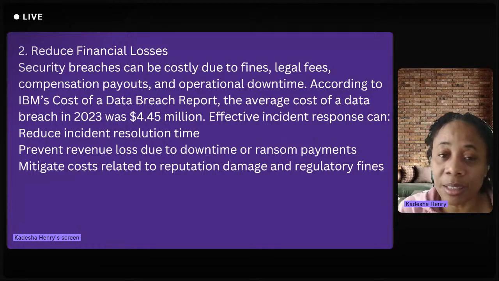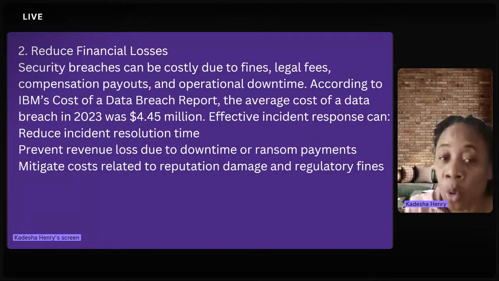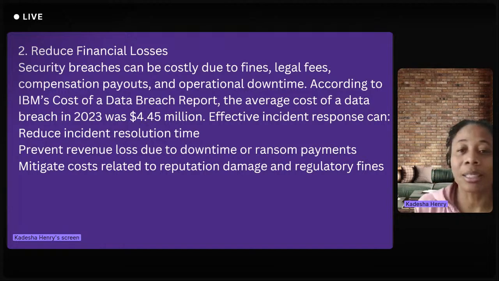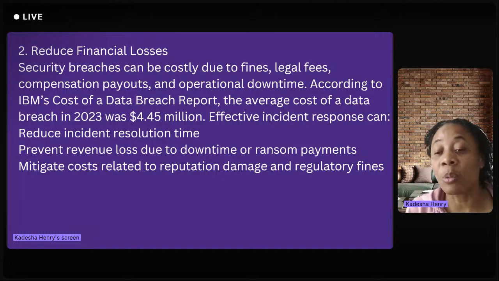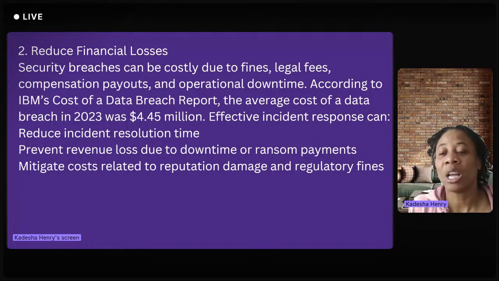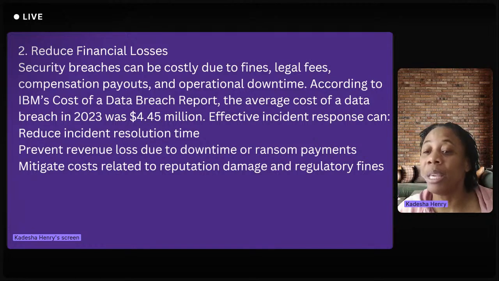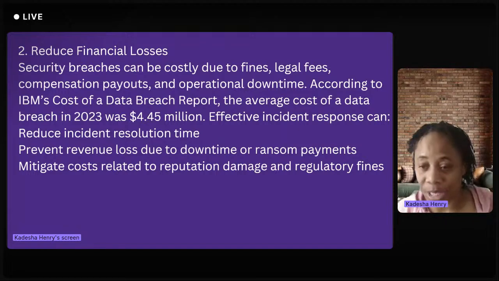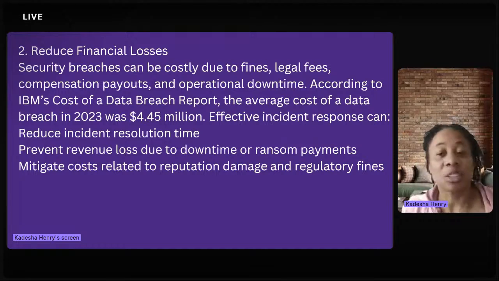In 2023 alone, a data breach was 4.4 million dollars. Because if you weren't following protocol, you're going to pay fines, legal fees. People are going to take you to court for their data that is released out there, right? And if you have other obligations and contracts that you cannot meet because of this data breach, then there is going to be a problem, right? It's going to be an issue.